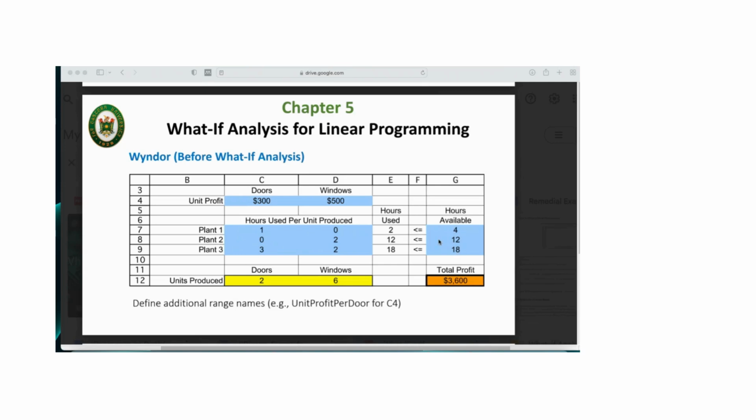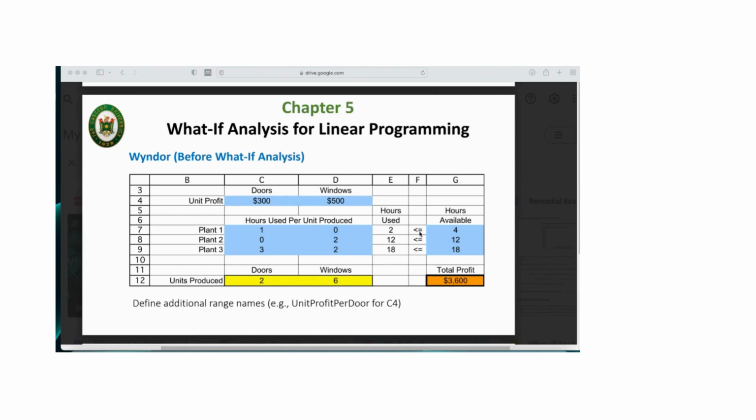Okay, so I have shown you now the two kinds of parameters: the coefficients 300 and 500 found in the objective function, and also these numbers 4, 12, and 18 found in the right side of these inequality symbols.